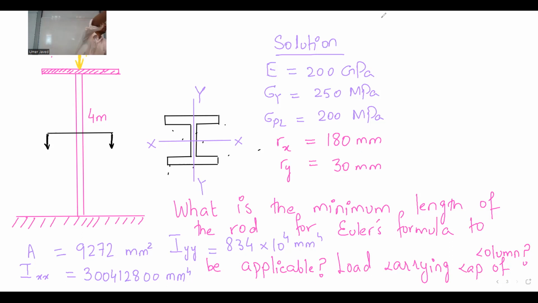Even if you could not understand the bits before this, if you focus right now, trust me, you will crack the problem. Number one, what is the Euler formula? Sigma critical is equal to pi square E over LE over R square. This is the first form of Euler formula.